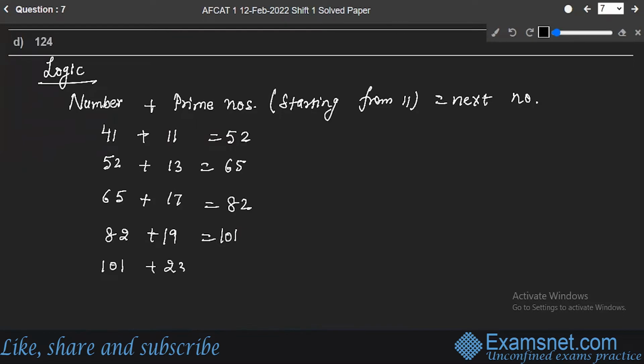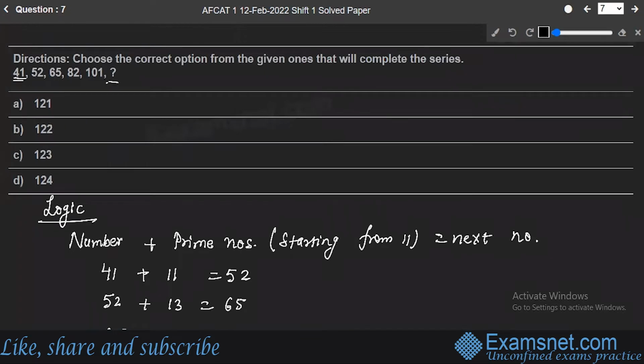When I add the next prime number, that is 23, to 101, you will get 124. So I think you got your answer, right? 124 is the next one in the series. See, over here 124 will come. Option D. Hope this is clear.